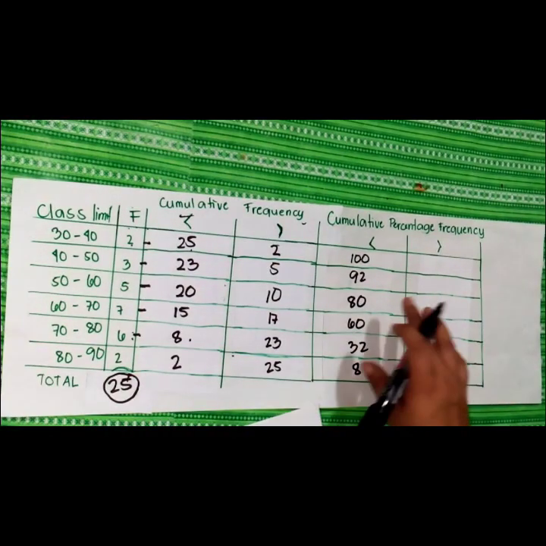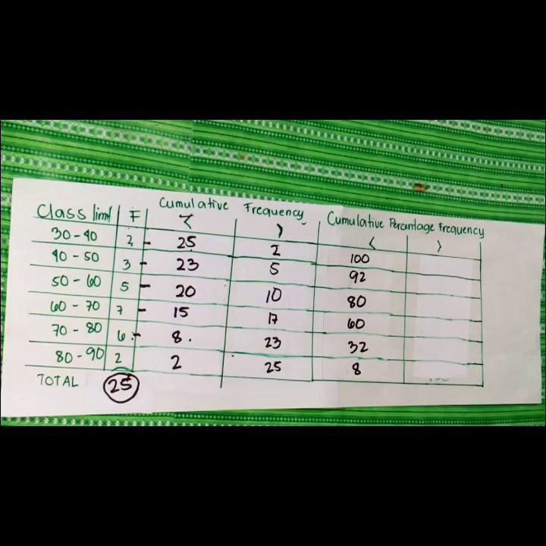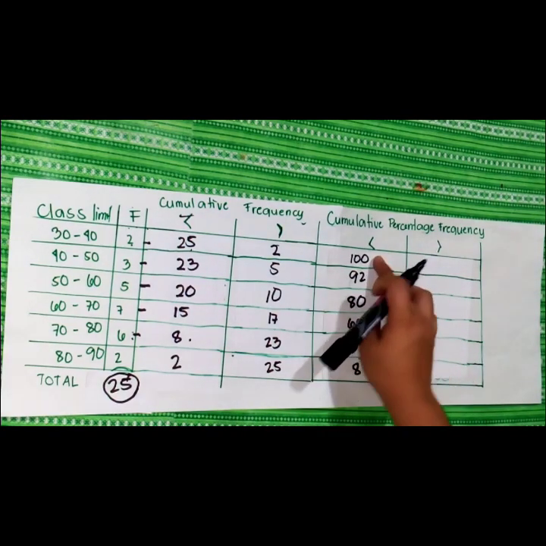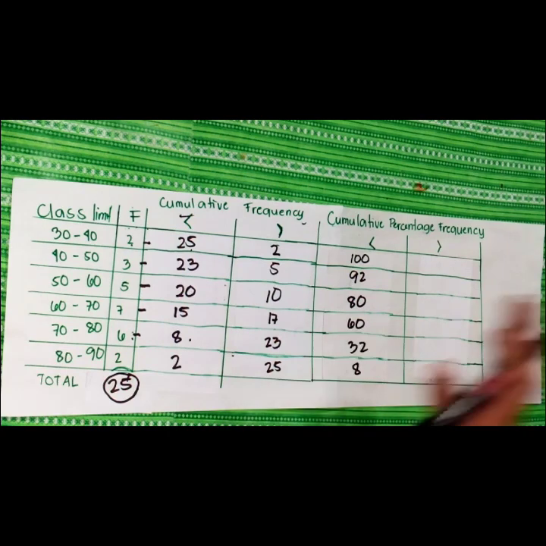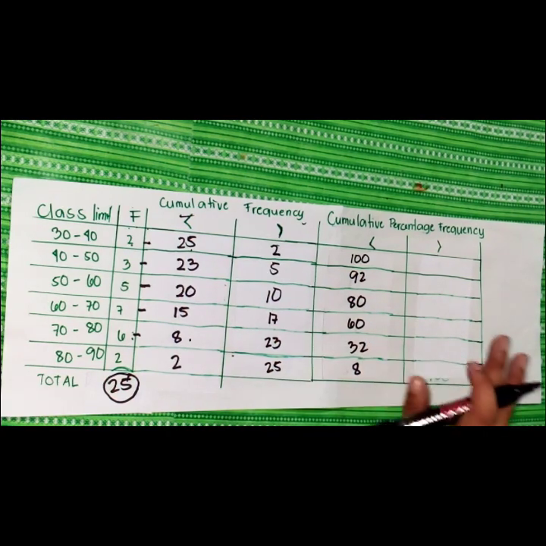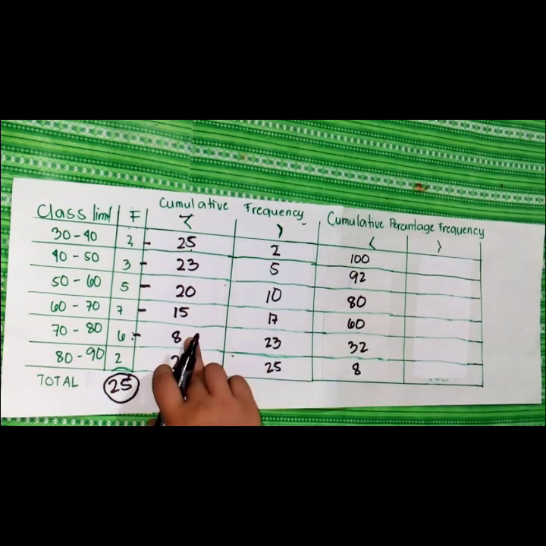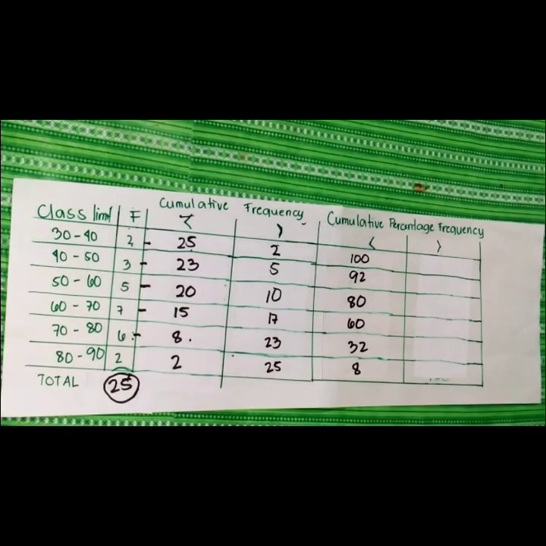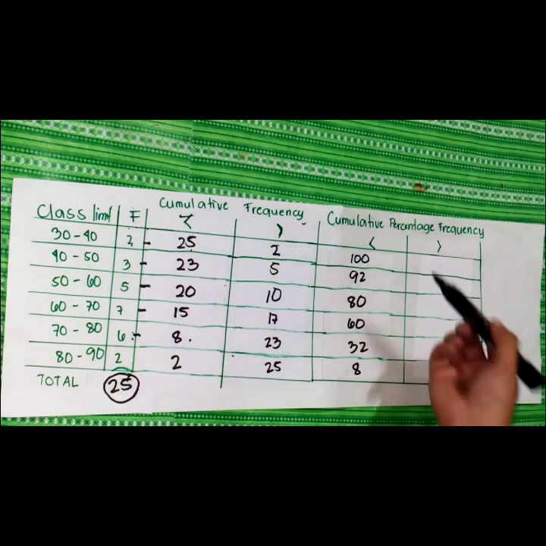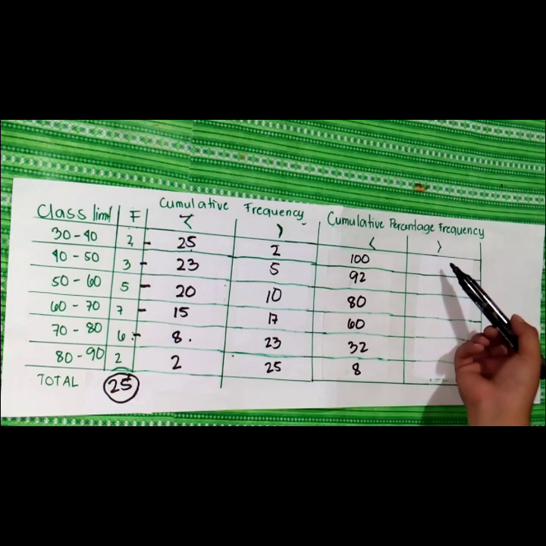So that is how to find cumulative percentage frequency lesser than. We will divide the cumulative frequency lesser than by our number of cases times 100. So now we will find how to compute the cumulative percentage frequency greater than.